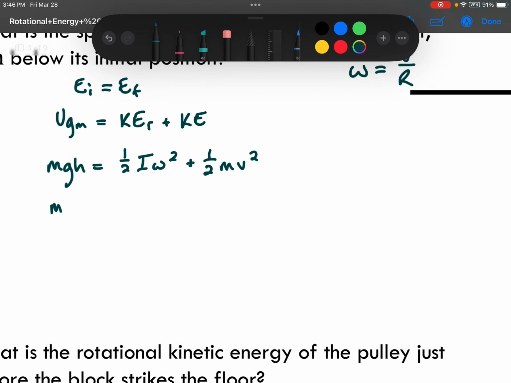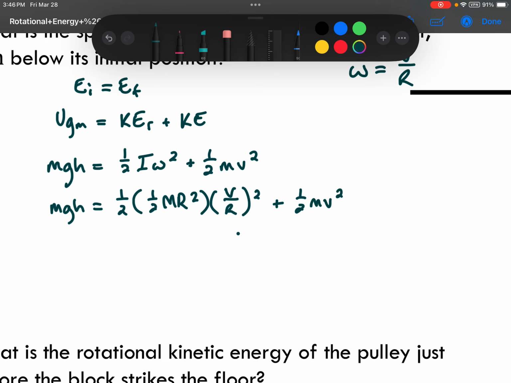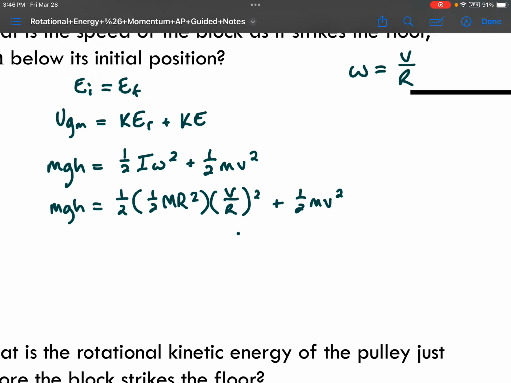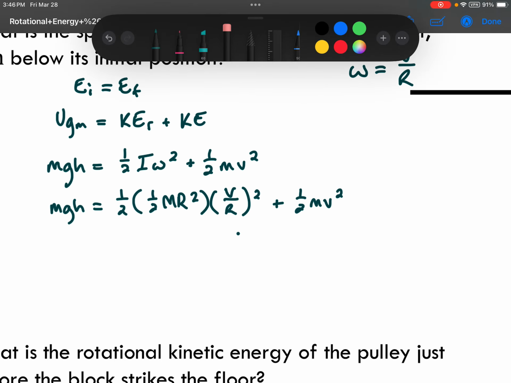So continuing to substitute things in, mgh is 1/2 times 1/2 big M r squared times v over r squared plus 1/2 mv squared. And then from here, just some algebra.